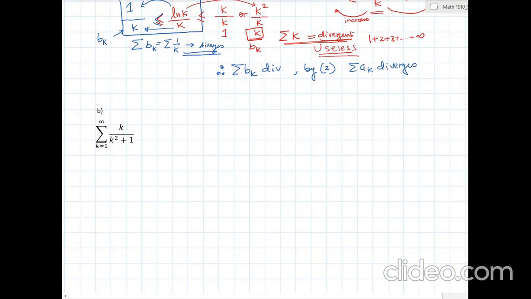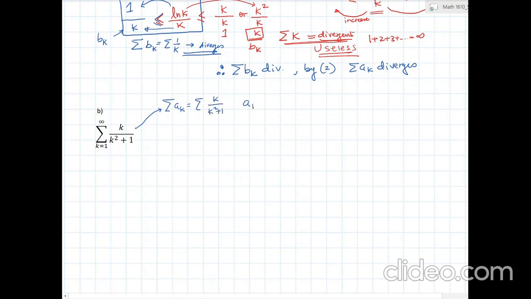Okay, continuing with the next example for the direct comparison test. Here we have the summation of ak, which is the summation of k over k squared plus 1.